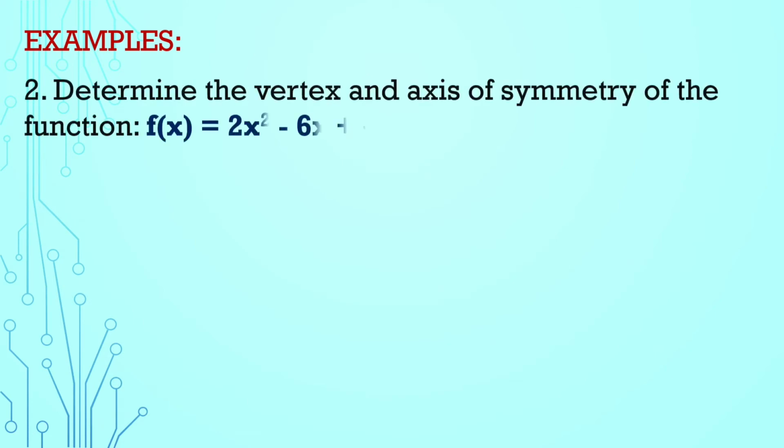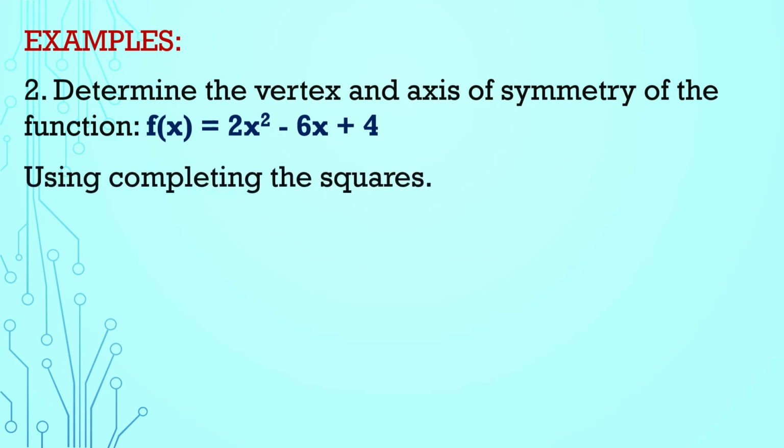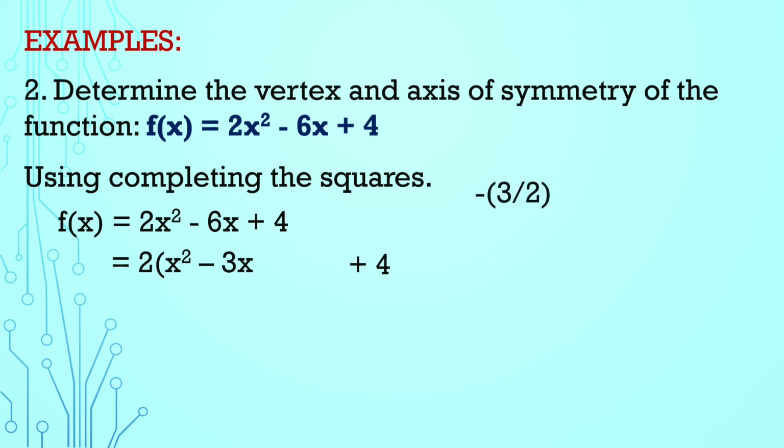So, let's have number 2. Determine the vertex and axis of symmetry of the function f of x equals 2x squared minus 6x plus 4. So, we will use the completing the square. So, ito yung ating given. So, negative 3 over 2 raised to 2 is equals to 9 over 4. So, yun yung i-add natin both sides. So, minus po sa kabilang side.